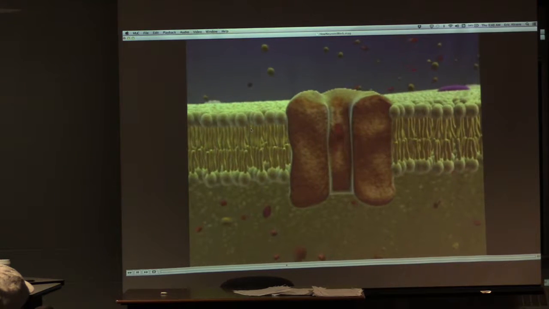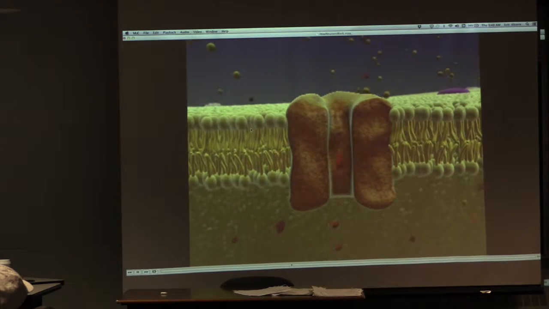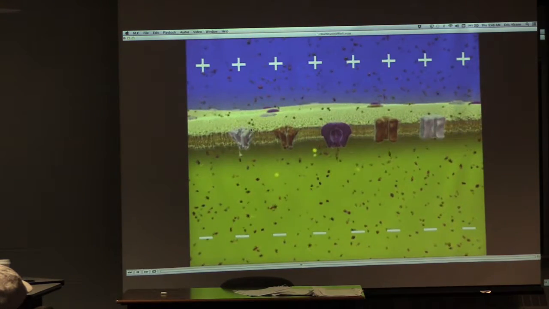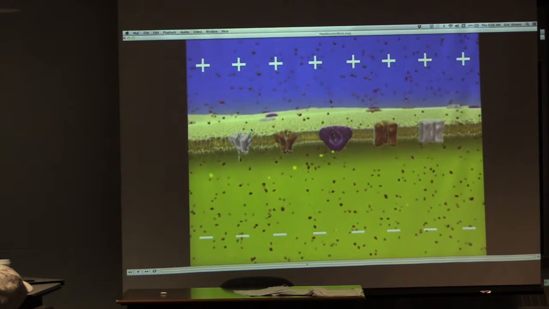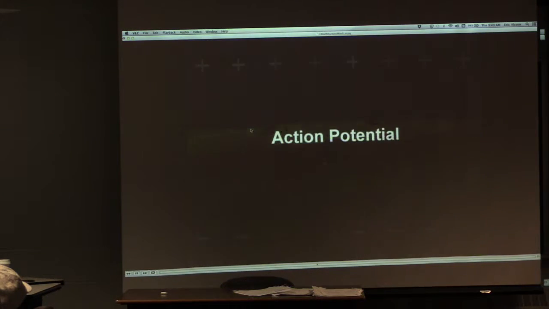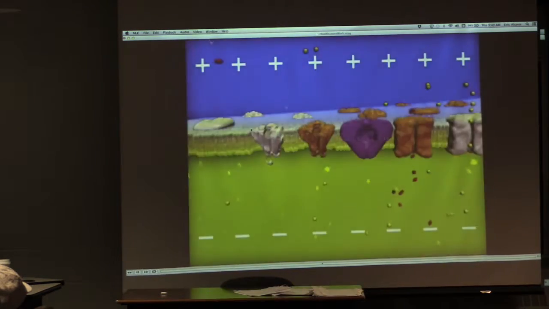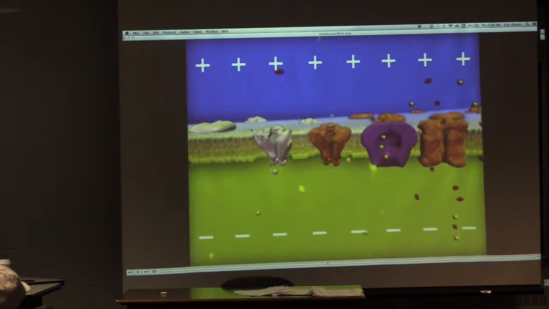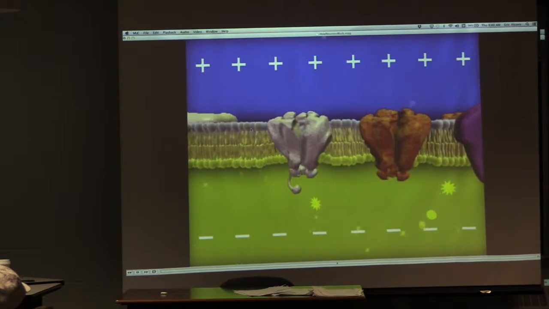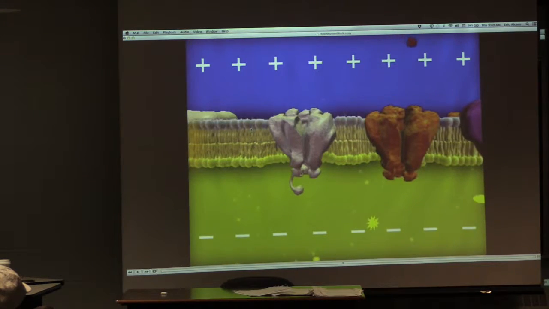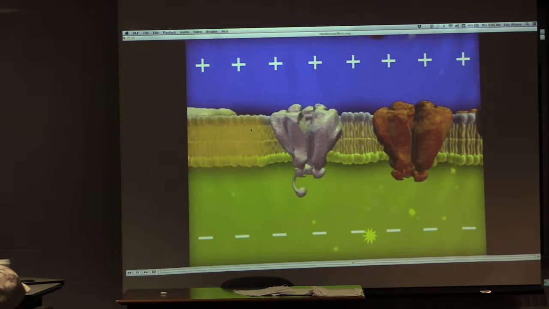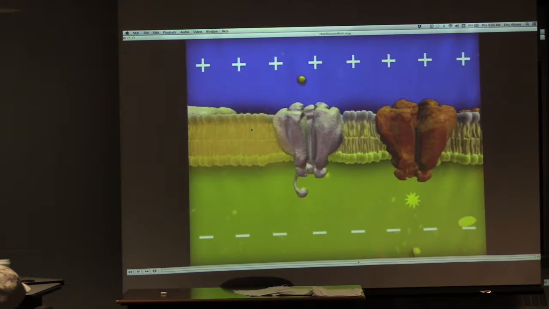Some potassium channels are open all the time, allowing potassium ions to leave the cell. As a result of these ion movements, the inside of the cell is negative relative to the outside. This condition is called the resting potential. The membrane of an axon is also packed with gated ion channels that open and close during an action potential. At resting potential, the gated channels are closed. If a stimulus changes the distribution of charge across the membrane sufficiently, the gated sodium channels open.